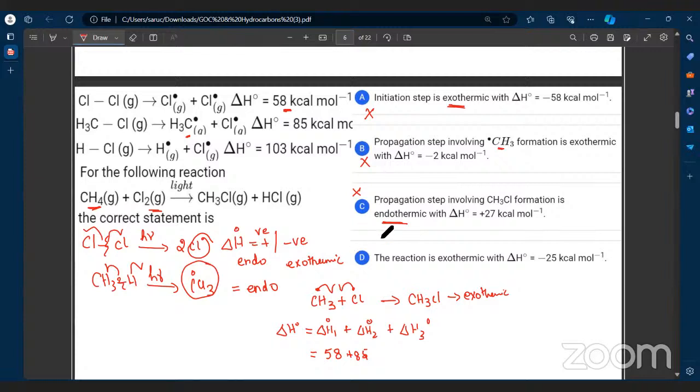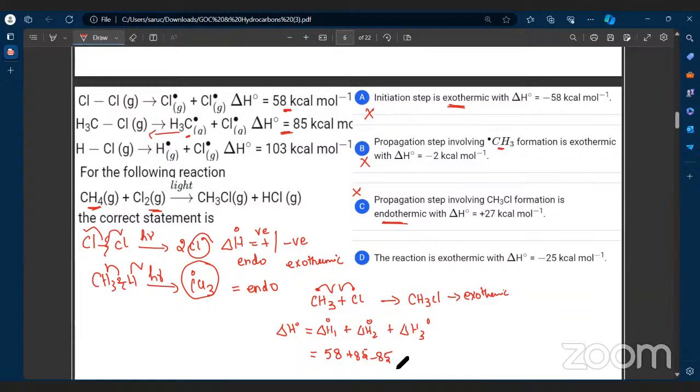The third step involves the formation of CH3 dot plus Cl dot, so I should invert the reaction, and then invert the sign too. So it will be minus 85.